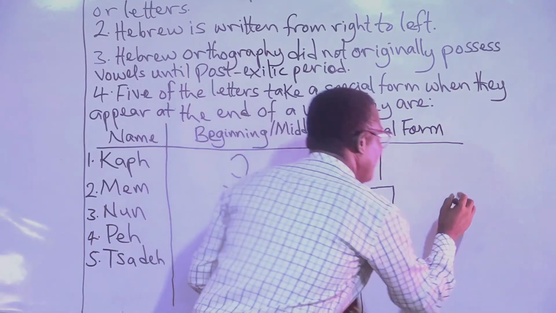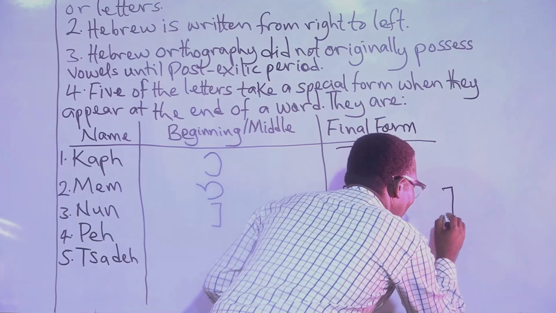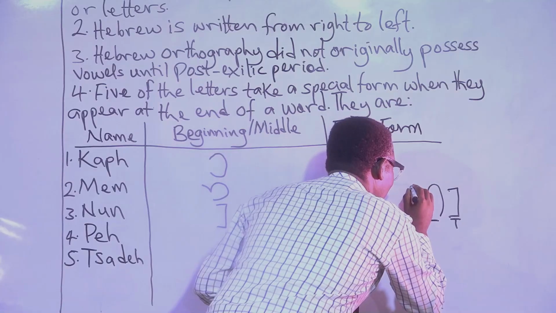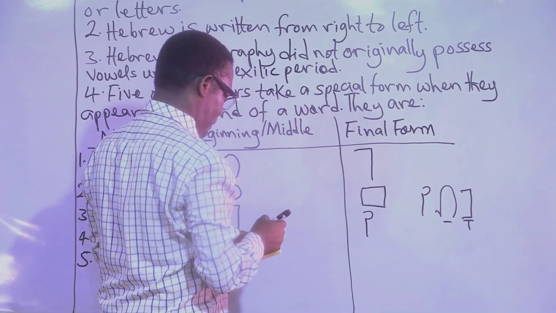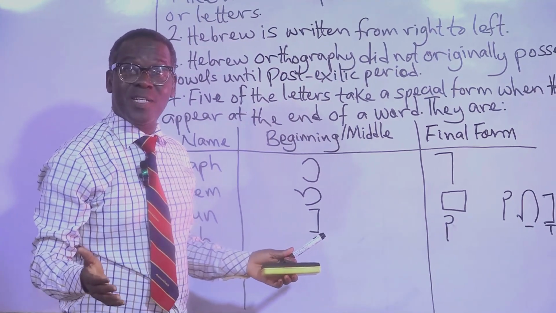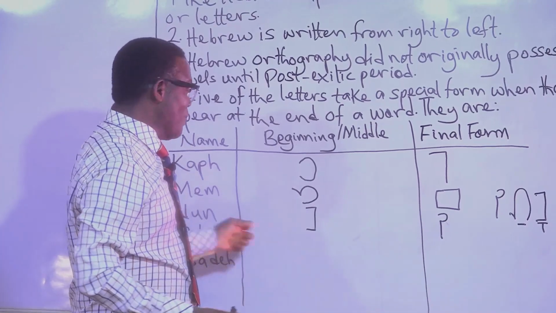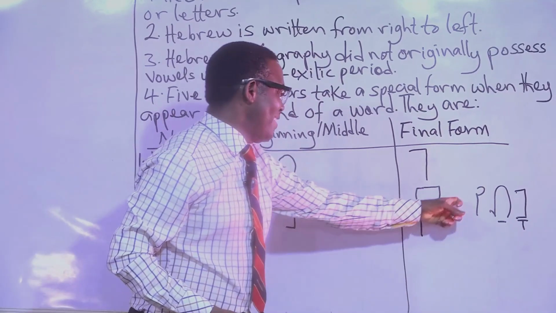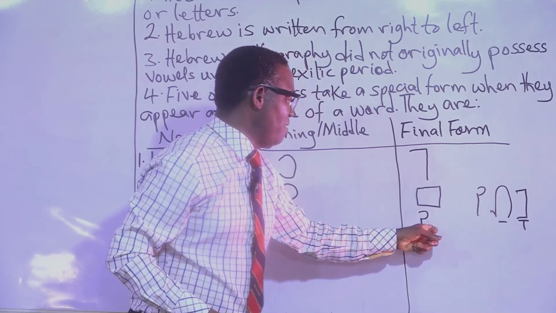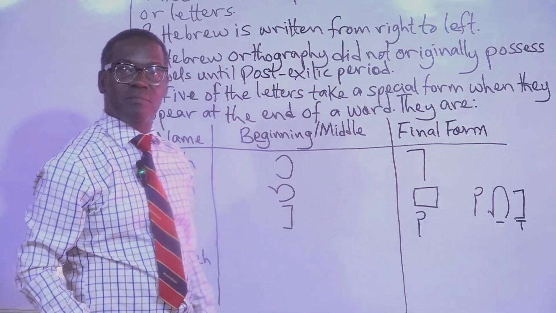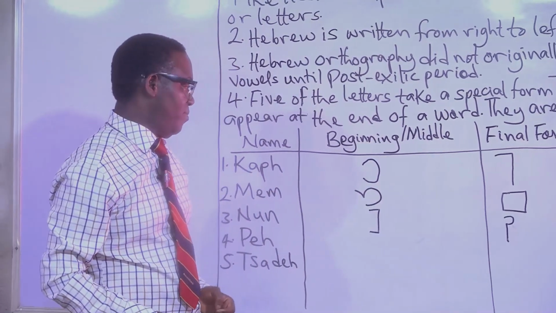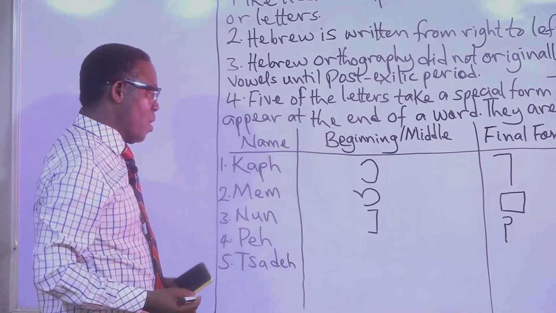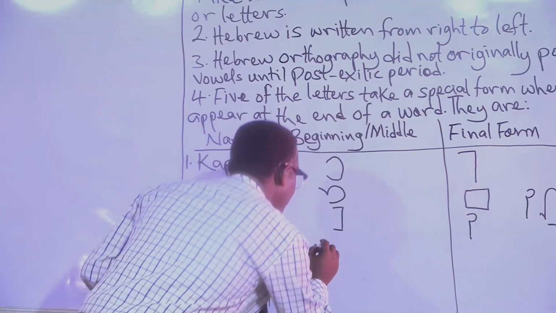We look at the word Nathan, where we have the two forms. Nun begins the word, and nun ends the word. So it has to take the final form in the word Nathan. Take note of this.